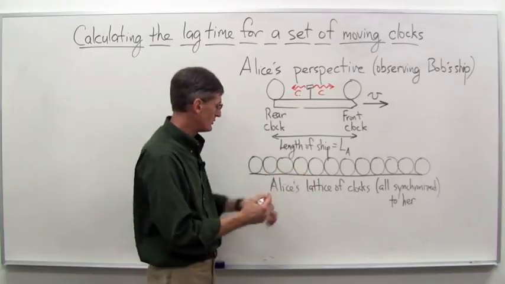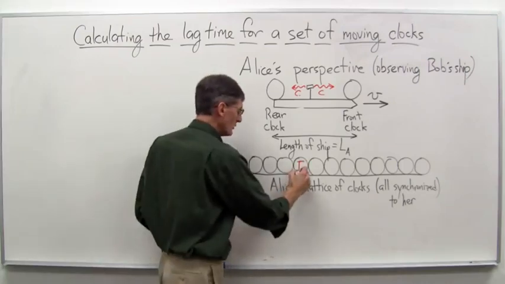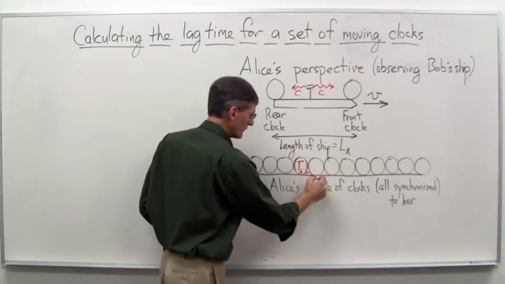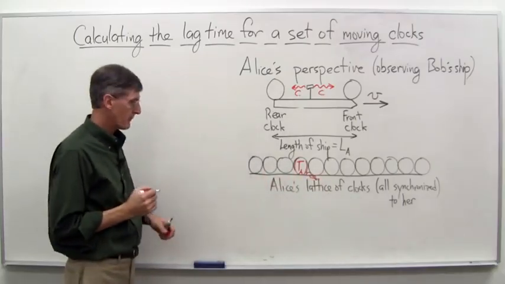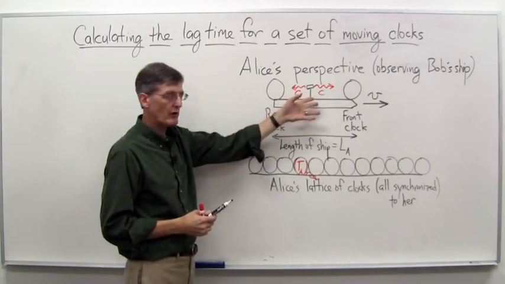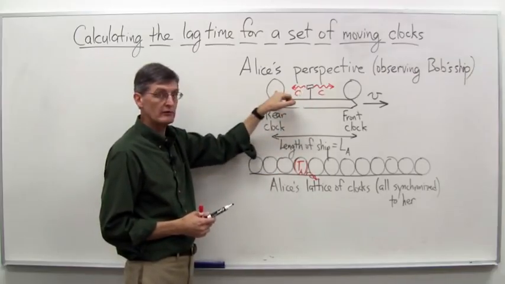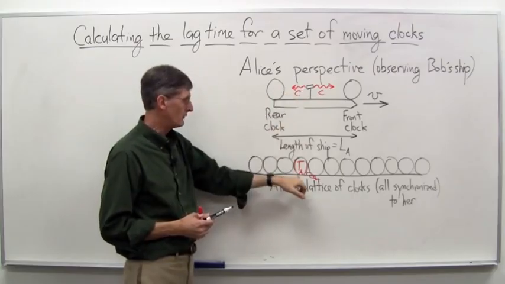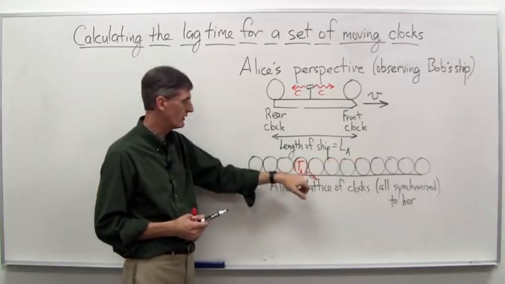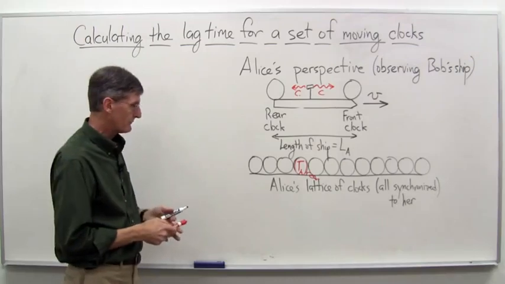So she sees at that point in time a value on her clock, T sub A rear. The idea is, at this instant in time, she sees the light beam trigger the flash photograph at this point, and her set of synchronized clocks all read the same thing at this instant in time. For her, T sub A rear is the value that she sees on her clock there.